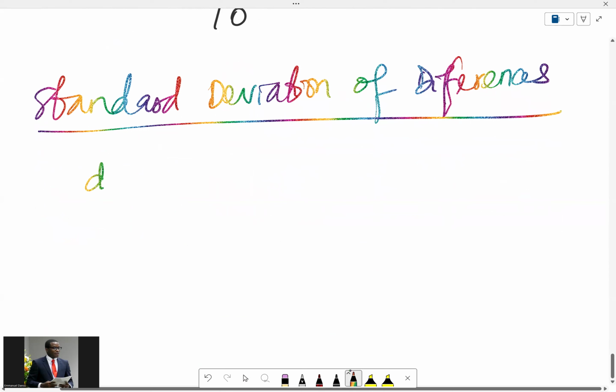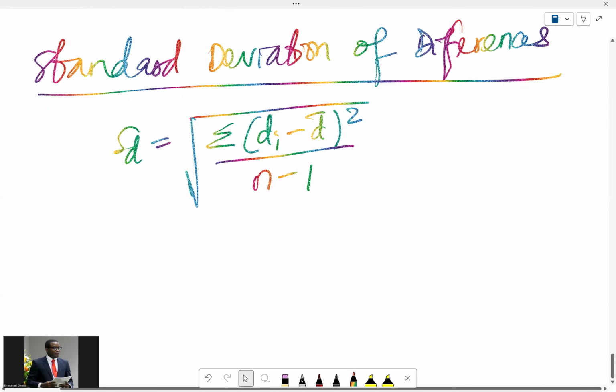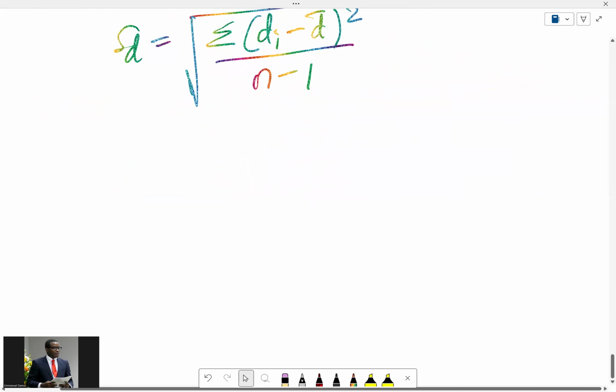First of all, we know SD is the square root of the summation of di minus d bar all squared, divided by n minus 1. So we need di minus d bar. That's the big work.